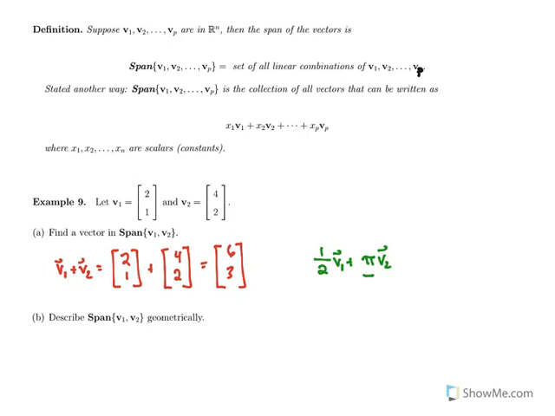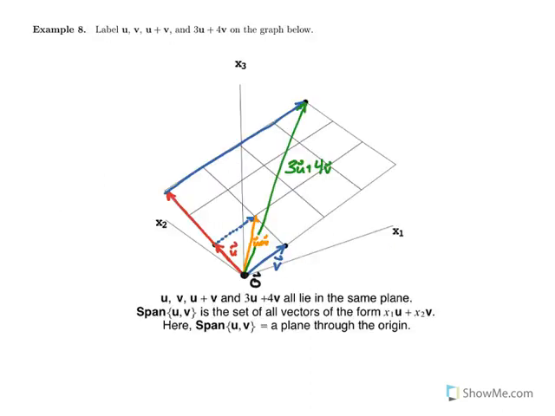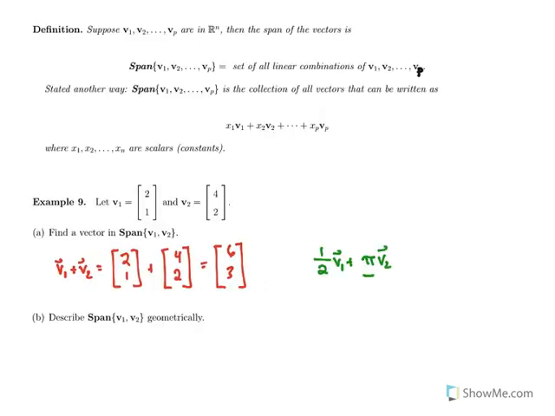But the goal here is to describe the span geometrically. We saw on the previous page that the span of two vectors was a plane through the origin. In this case, that is not going to happen. The span here is going to be a line through the origin.